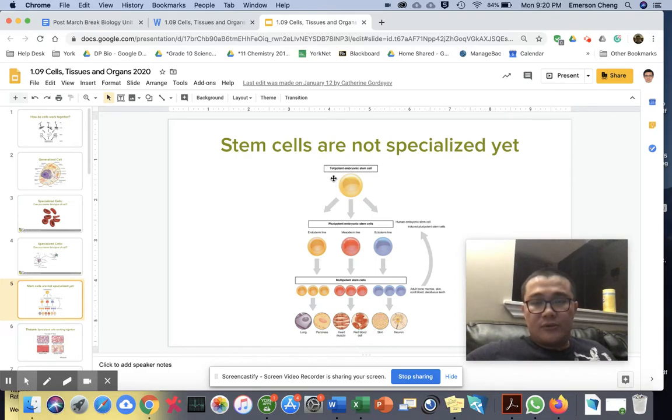You start from a totipotent embryonic stem cell. Then you have a pluripotent embryonic stem cell, and you have a multipotent stem cell. As time goes on, these cells become more and more specialized.